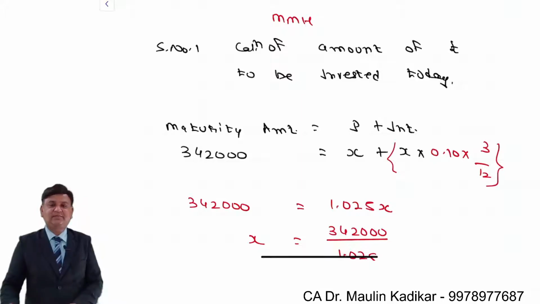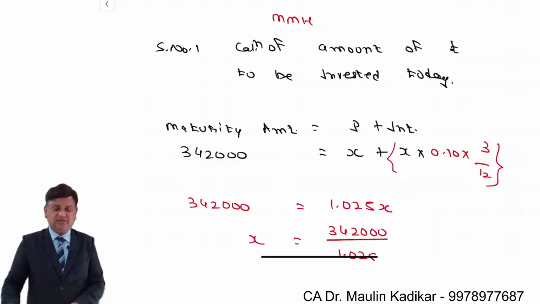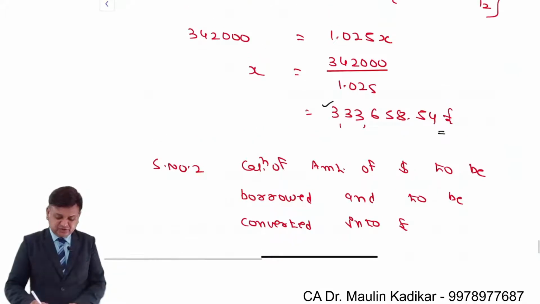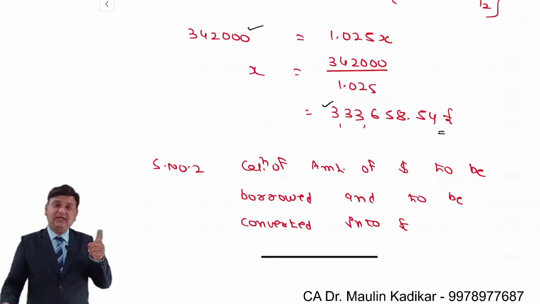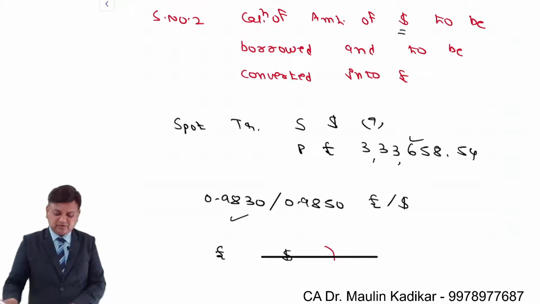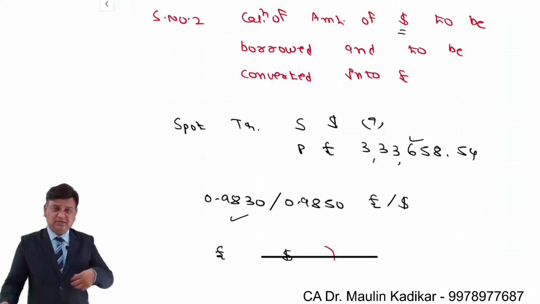Anyone who wants to understand money market hedge once again, just a quick review. First of all, we will calculate the amount of the pound to be invested today, so that the maturity amount of the deposit will be equal to the amount that we have to pay. Then this is the amount of the dollar to be borrowed and to be sold in the spot transaction.